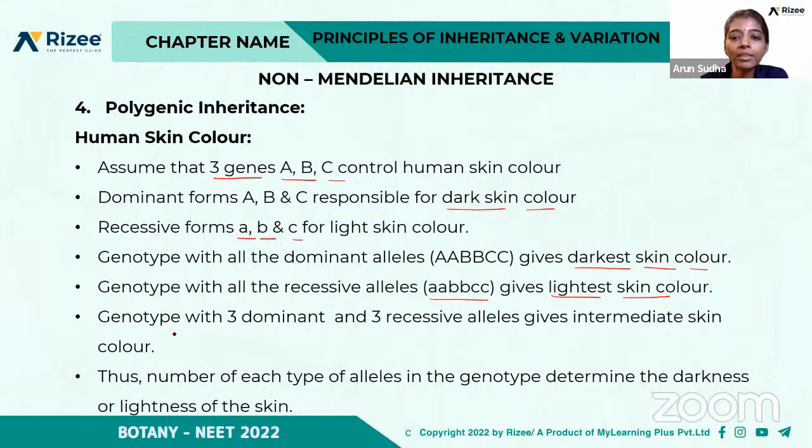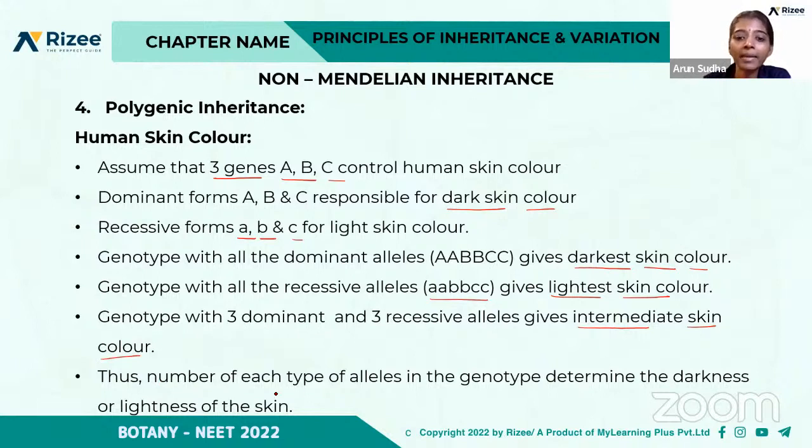So among these 6 alleles, if 3 dominant and 3 recessive alleles are present, it gives intermediate skin colors. So all these are additive, that is, by the addition of the individual effect of these alleles based on how many dominant and how many recessive alleles are present.